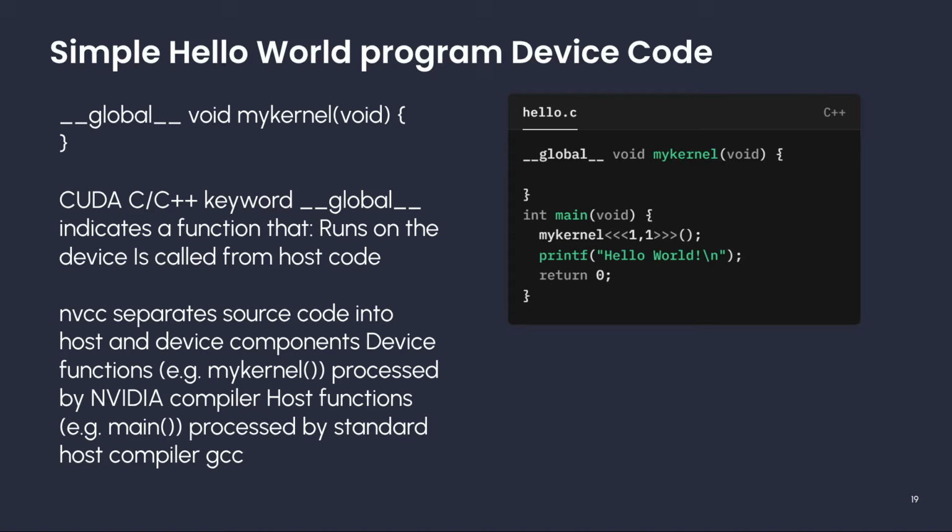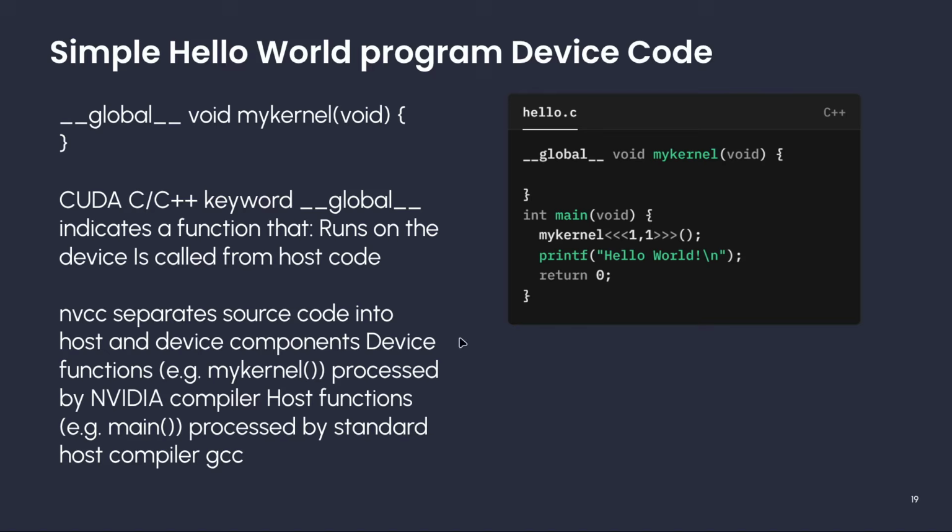So we need to define an empty kernel. This is the syntax: __global__ void, then the function name. So we are just giving my_kernel void. The CUDA C++ keyword __global__ indicates a function that runs on the device, on the GPU, called from the host code.